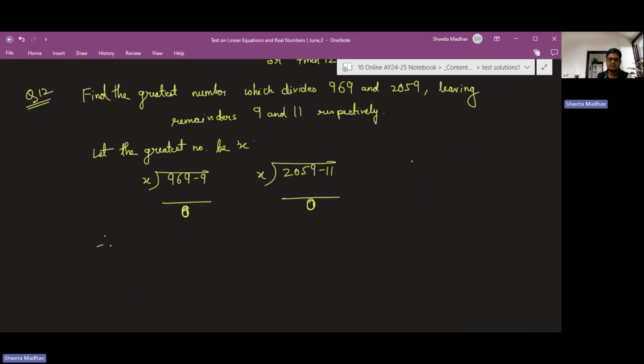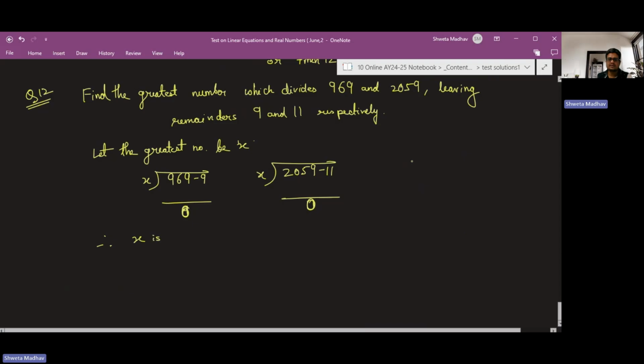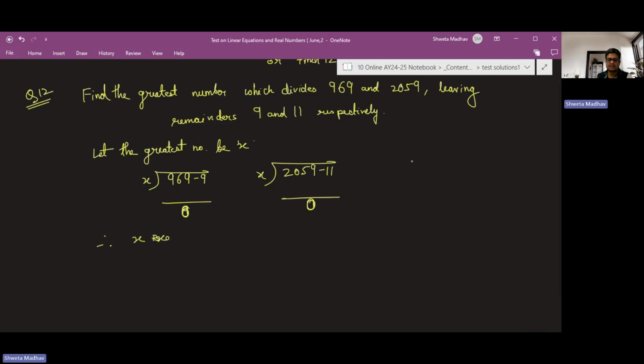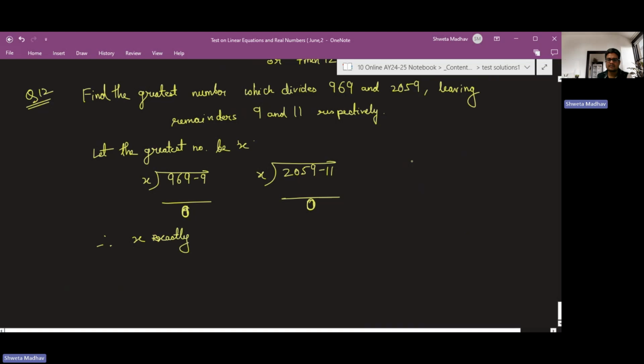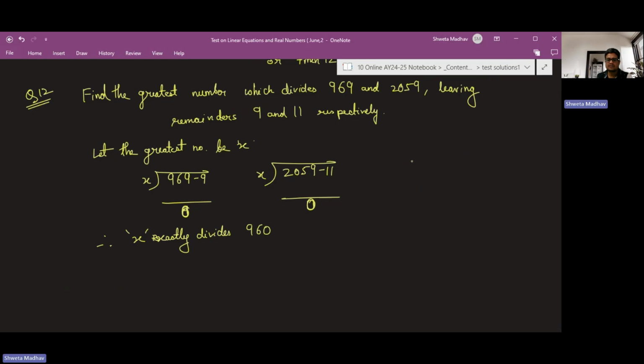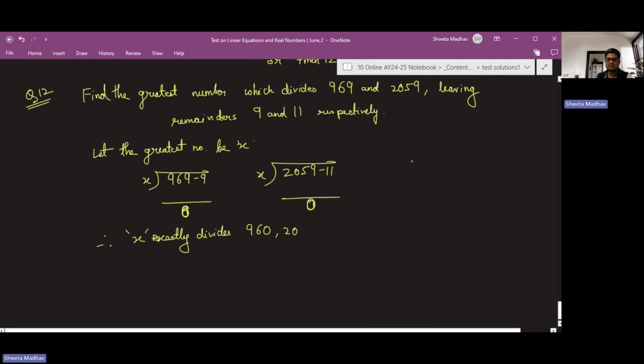So therefore, I can say that x exactly divides the numbers 960 and 2048. So it means that x is a common factor of these two.